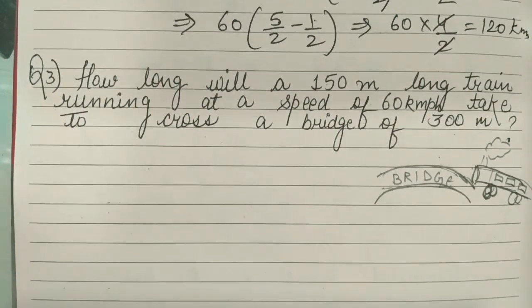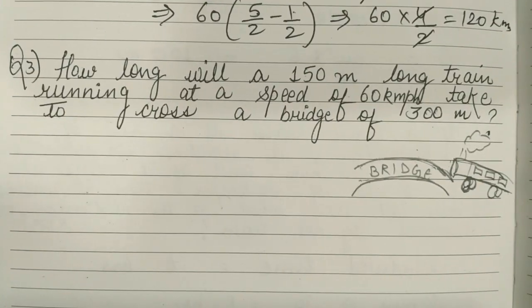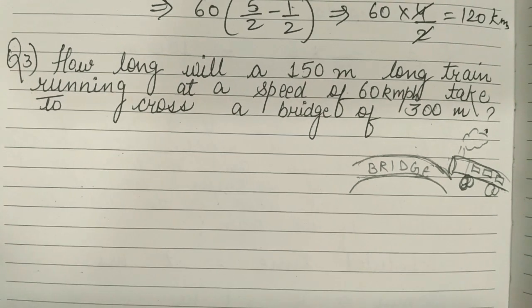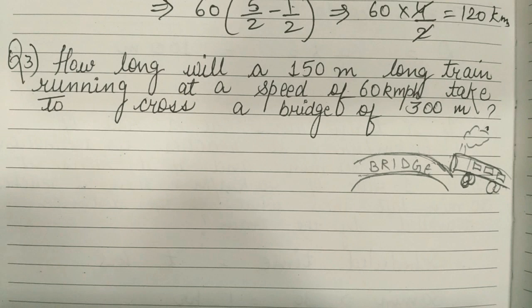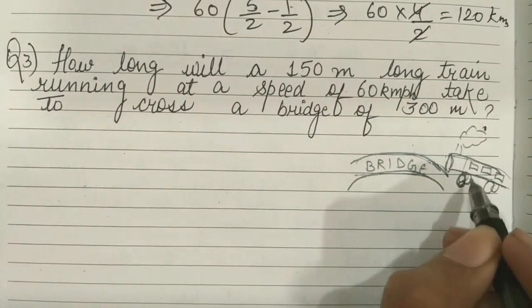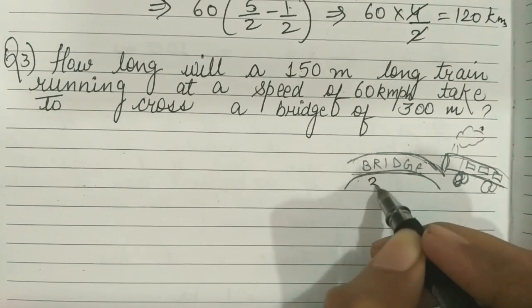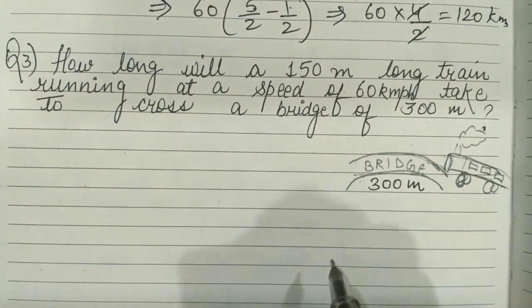In question number 3, it is asked, how long will a 150 meter long train running at a speed of 60 km per hour take to cross a bridge of 300 meters? So here the train has to cross a 300 meter long bridge.